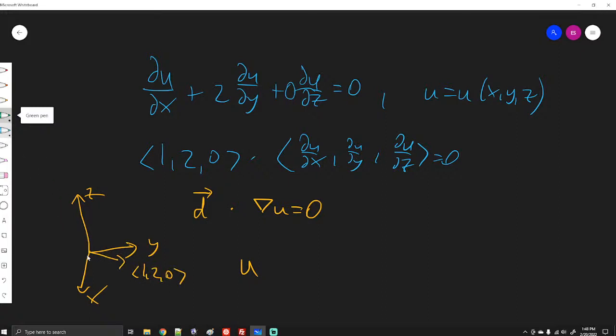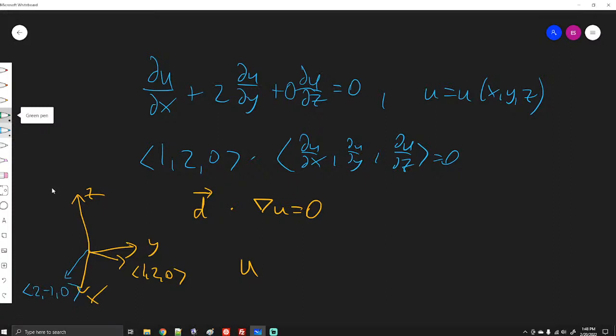And one of the perpendicular vectors we found in the previous example is going to be in the xy plane with slope -1/2. So this here will be 2, -1, 0.